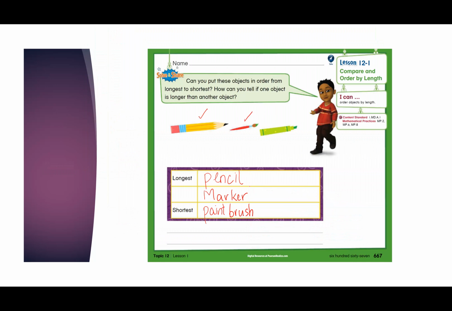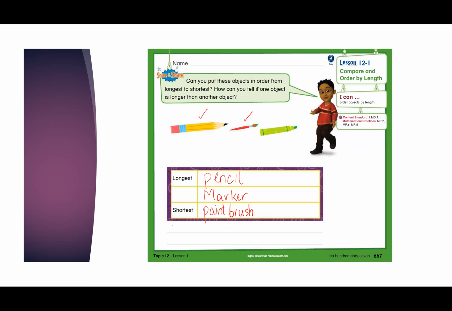Wait a second. Here they say, how can you tell if one object is longer than another object? Can you tell me how? You can write there, I lined up the ends of the object, and then I can find which is the longest and which is the shortest.